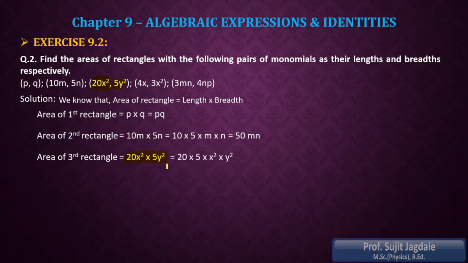So 20 into 5 into x square into y square. These are two variables, x square and y square. In this way we are able to take the product. First you have to take the product of numbers, then the product of variables. Here 20 and 5 are the numbers and x square and y square are the variables.